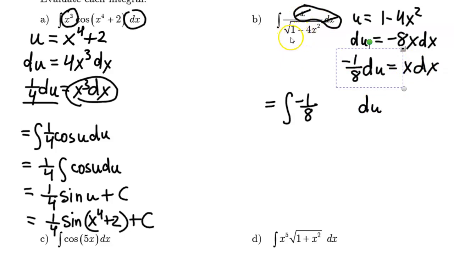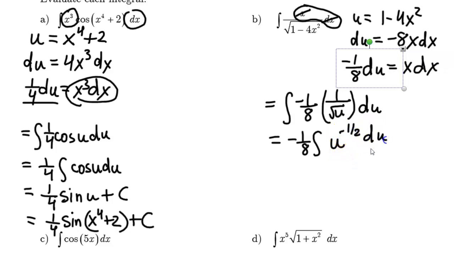And then I've got 1 minus 4x squared, which is in fact u, in the denominator square rooted. Okay, so cleaning that up, I'll end up with negative 1/8 times the integral of u to the half would be the square root of u. But if that's in the denominator, then I really have u to the negative half du.